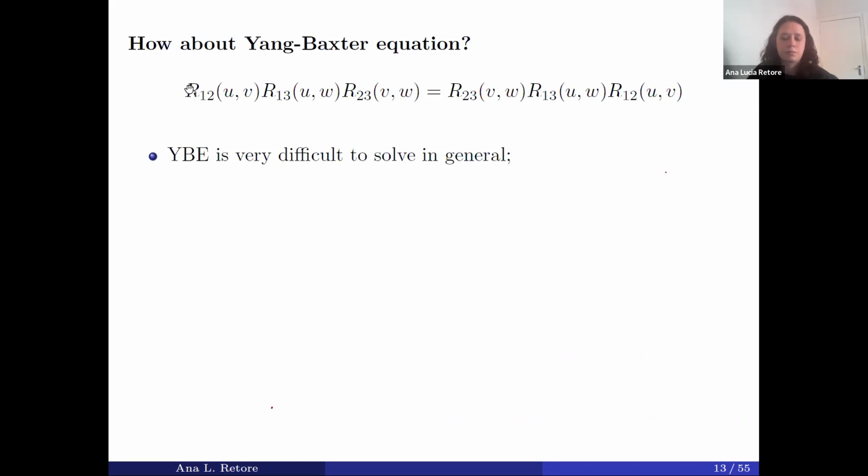Yeah, so this notation I also didn't explain before.